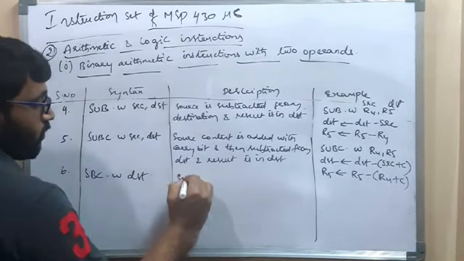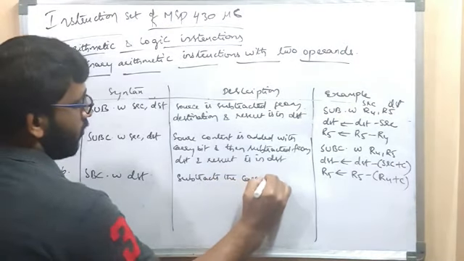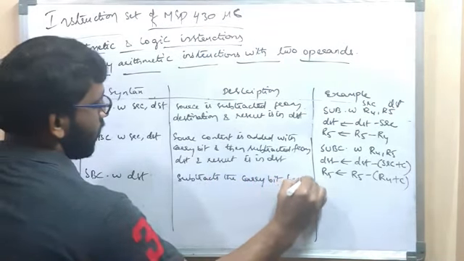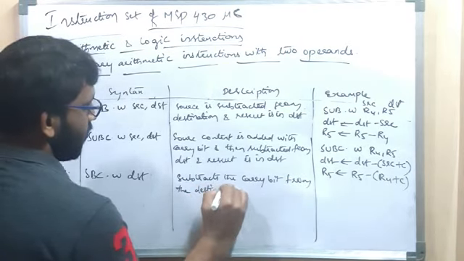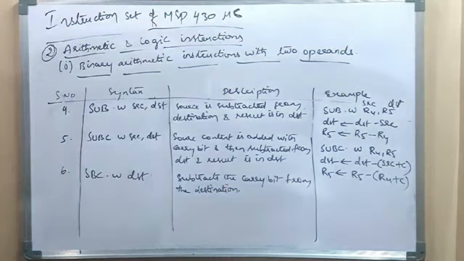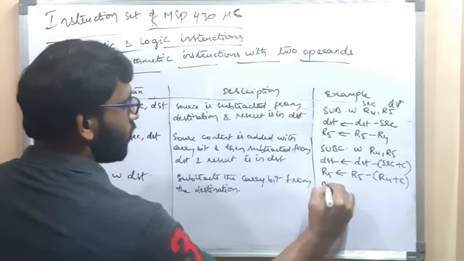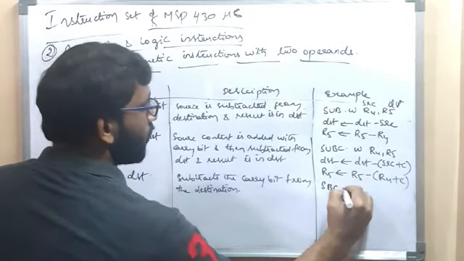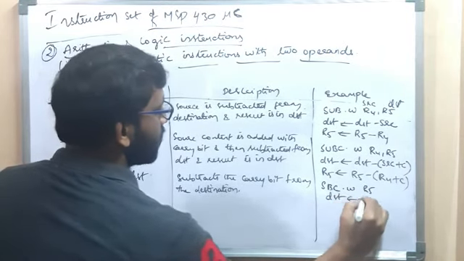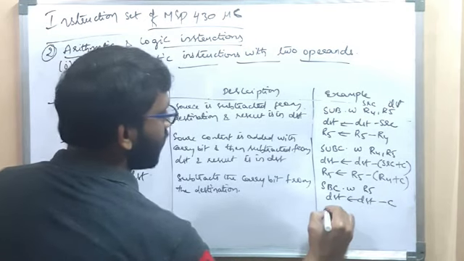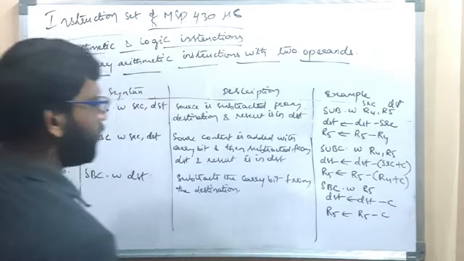So it subtracts the carry bit from the destination, right? So if you take the example, SBC dot W R5, so destination implies destination minus carry bit, so R5 implies R5 minus carry bit.